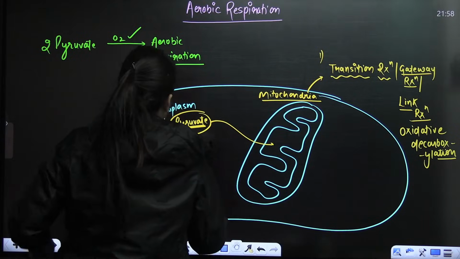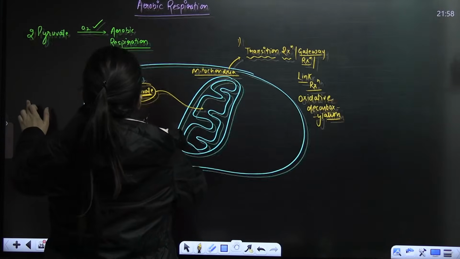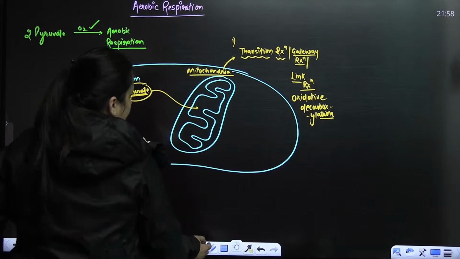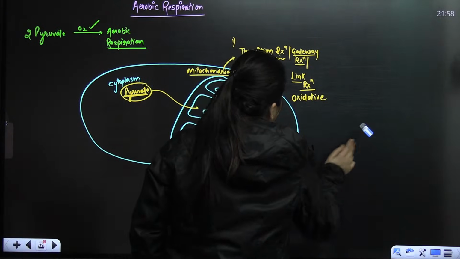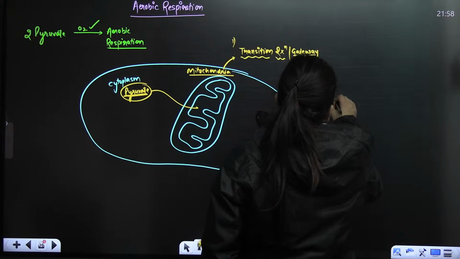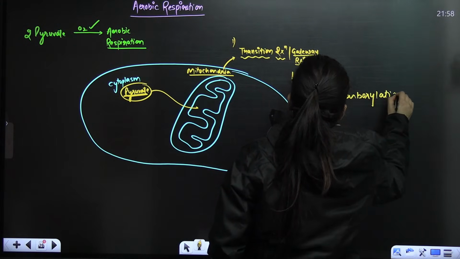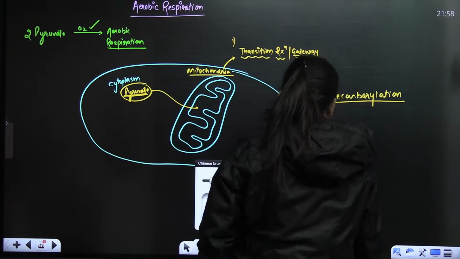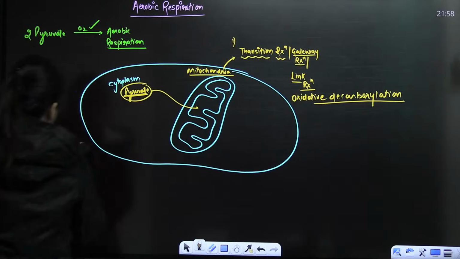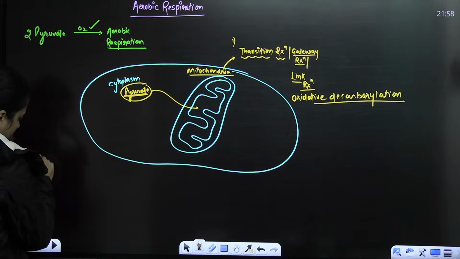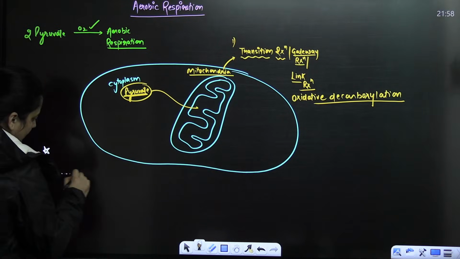Now, ma'am, what's that? Wait. It is the oxidative decarboxylation as well. Why is this step occurring here? Very simple. You are starting with a 3-carbon compound.